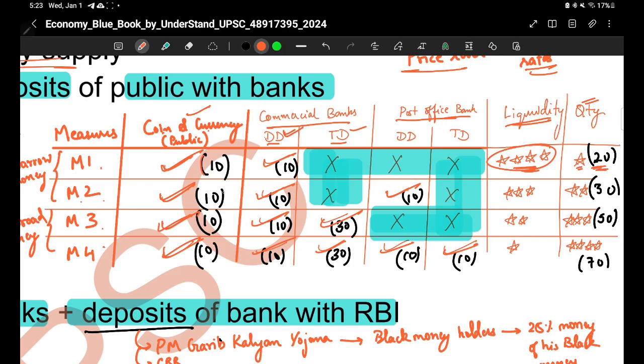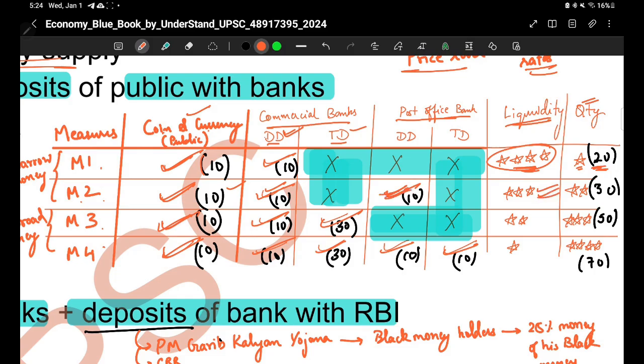Now M2, let's say 10 rupees they will hold as coin and currency. Then demand deposits, and then demand deposits of post office bank. Again demand deposit, no, that's why interest is less. So again they will put 10 rupees here. So what is the quantity here? 10 plus 10 plus 10, 30 rupees. Liquidity, since more accounts are there, it is less liquid.